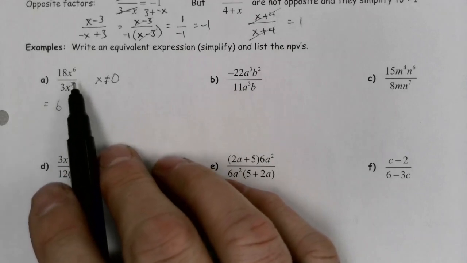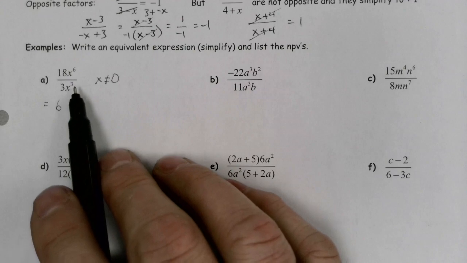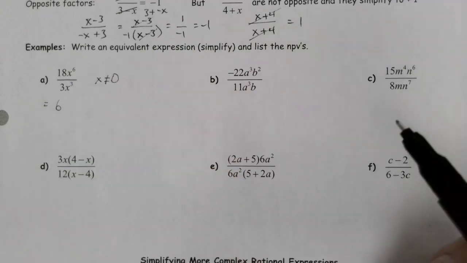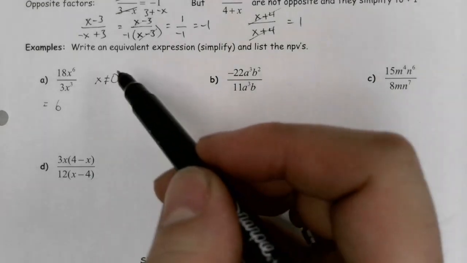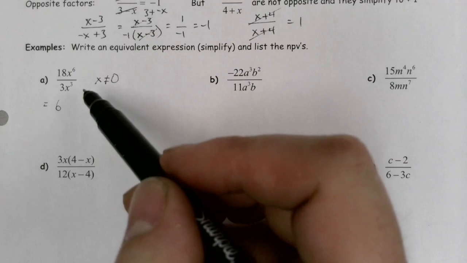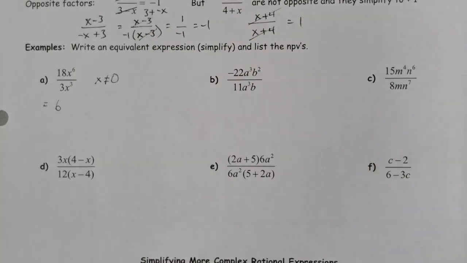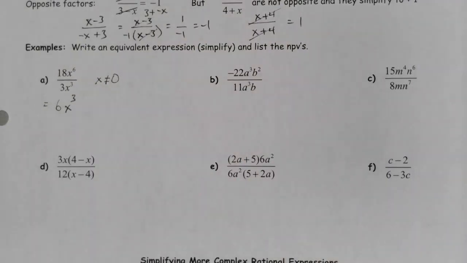X to the 6th divided by x cubed. Well, now remember, if I'm dealing with 2 powers here and the bases are the same, I simply subtract the exponents. Or think of it like this. I've got 6 x's in the numerator, 3 x's in the denominator. Each pair, numerator and denominator, is going to become a factor of 1. Well, that's just going to leave me with 3 in the numerator, so 6x cubed.